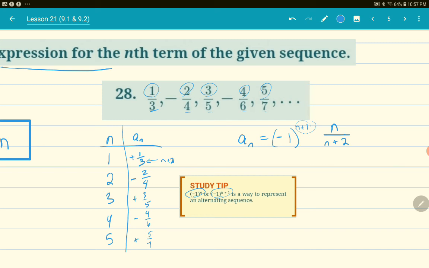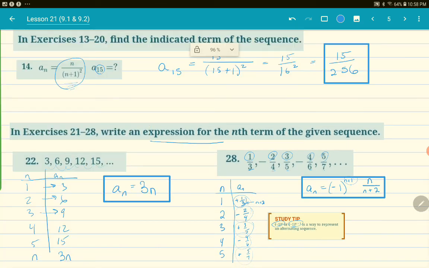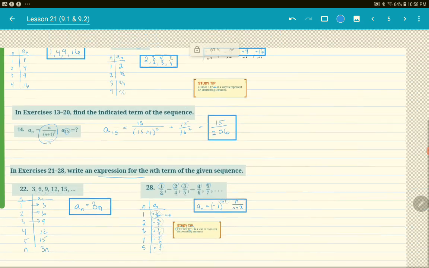So let me just test this, see if that will work. If I plug in n equal 1, I get this. If I plug in n equal 2, I do get this. If I plug in n equal 3, I get this. So check all 5 of those. Those all look good. And that is my expression. Whoops, where's my square? There we go. All right, so that wraps up 9.1.1.